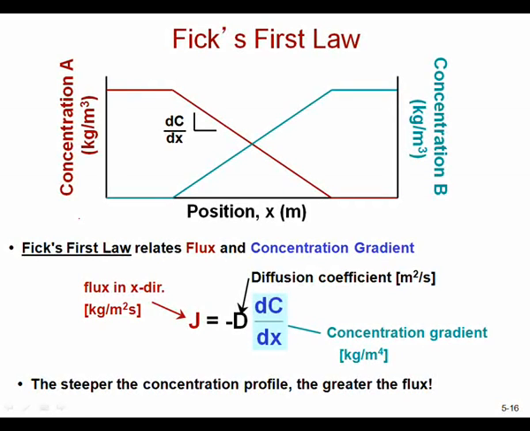So the magnitude of the flux is going to be proportional to the concentration gradient. What's the other thing that's going to determine how fast something diffuses? Temperature, size, the structure of the atoms, what's diffusing into what? We know that also goes into it.